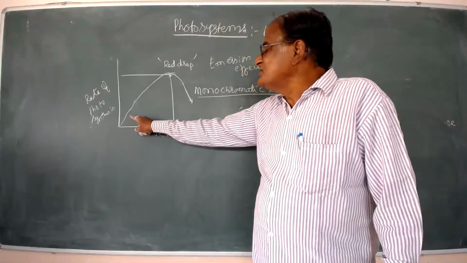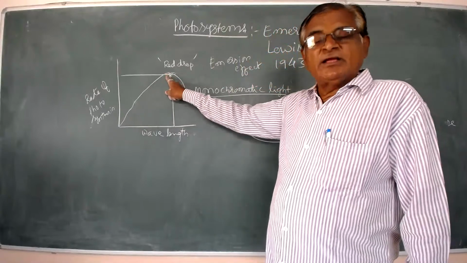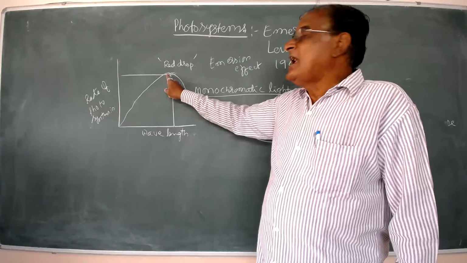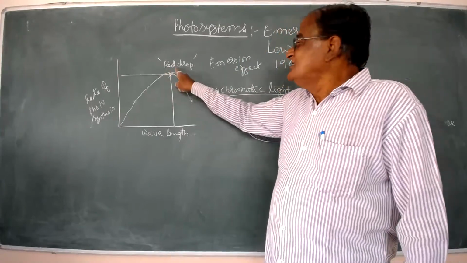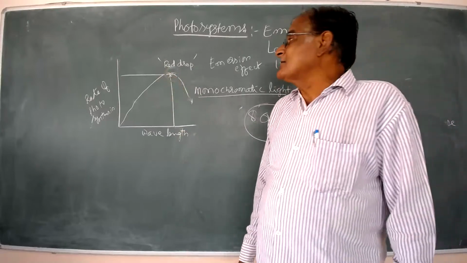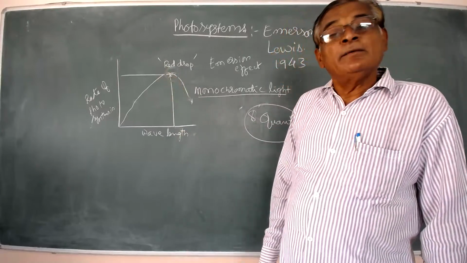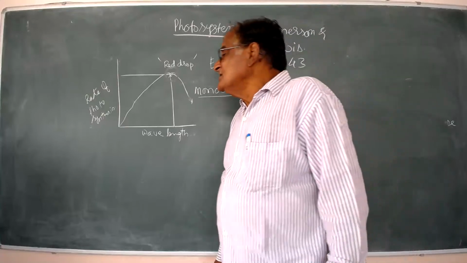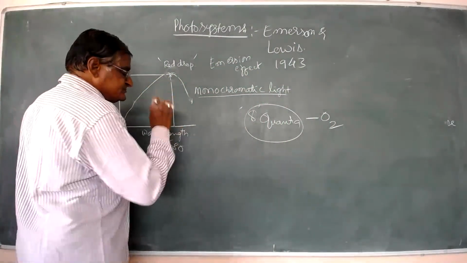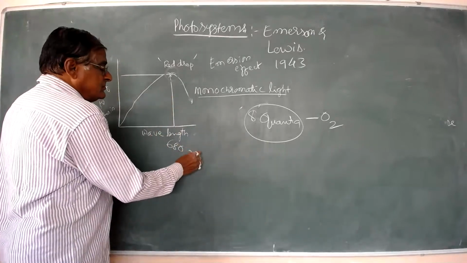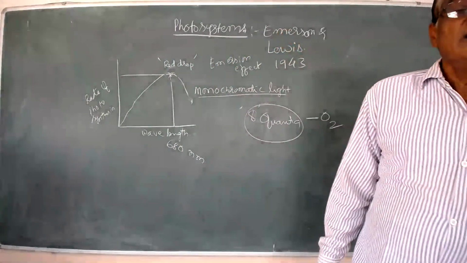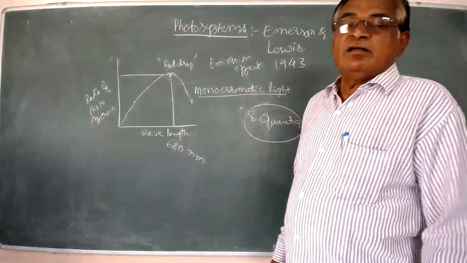So the rate of photosynthesis goes on increasing at a particular wavelength, and then immediately it starts declining. At the red region, he called this the red drop effect or Emerson effect. This was at 680 nm. He first observed it at 680 nm.